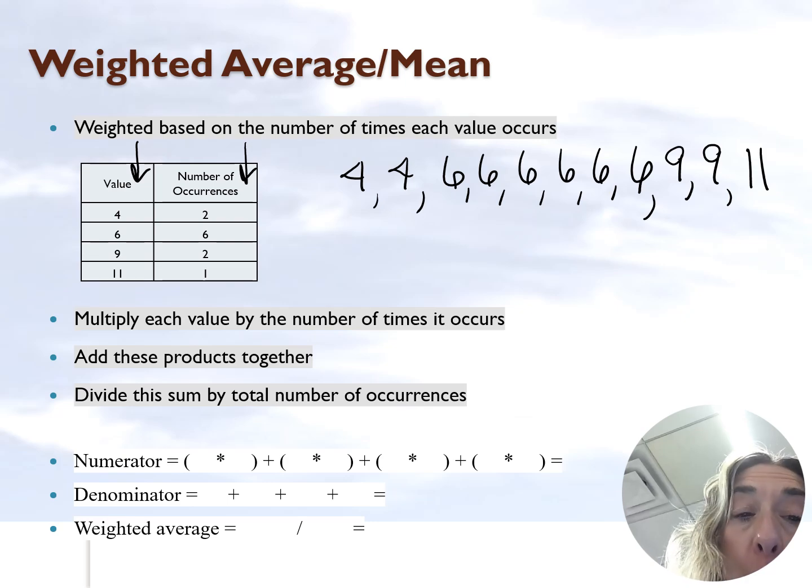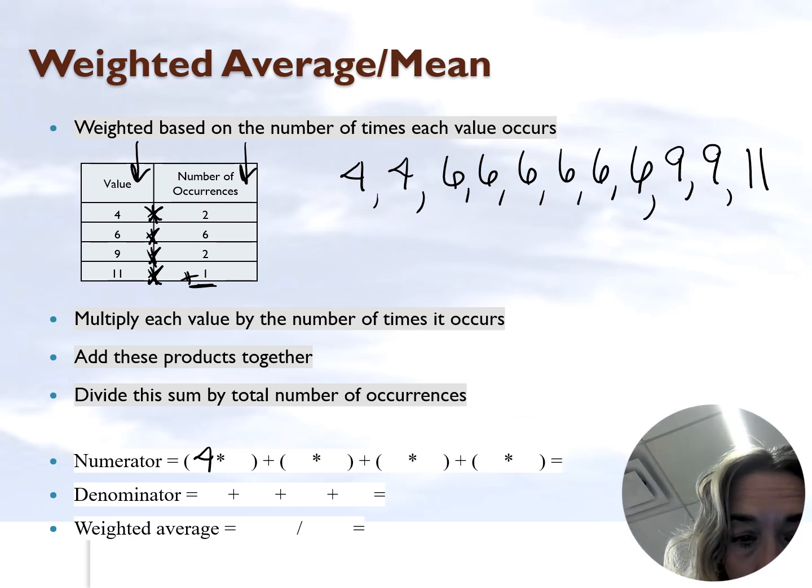You want to multiply each value by the number of times it occurs, add these individual products together, and then divide that sum by the total number of occurrences. So if we were going to do that for this table, multiply each value by the number of times it occurs. 4 occurs twice.